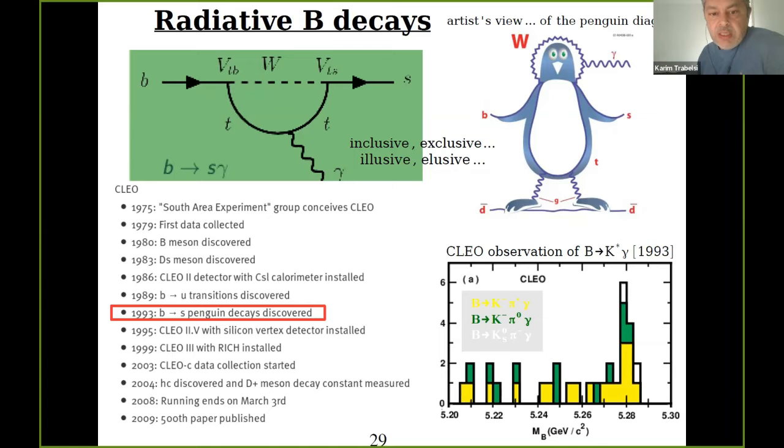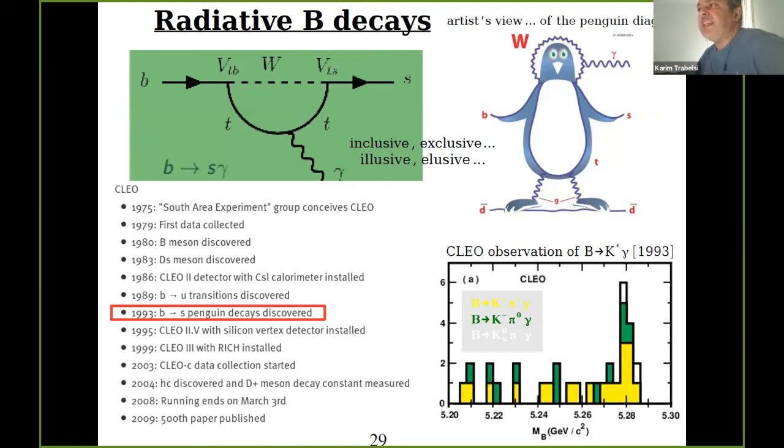So let me, in the rest of this lecture, go through the radiative B decays. So I go back to this rare mode we were talking about, B to s gamma. And actually, I will take two sides of this observation of these decays, how we can study it.